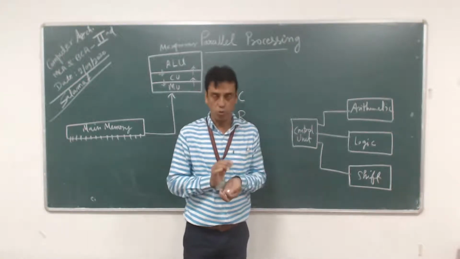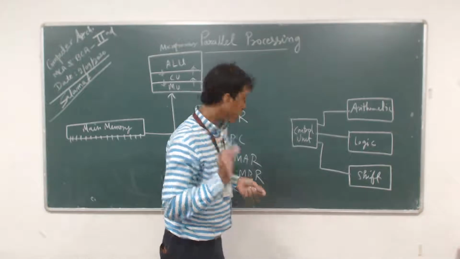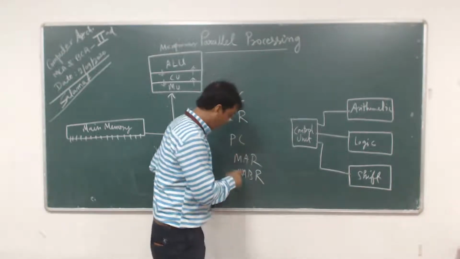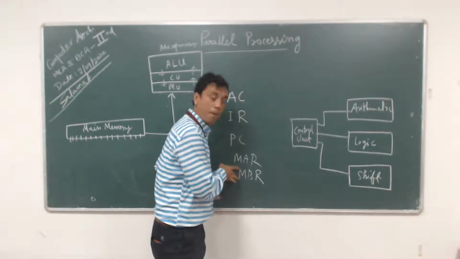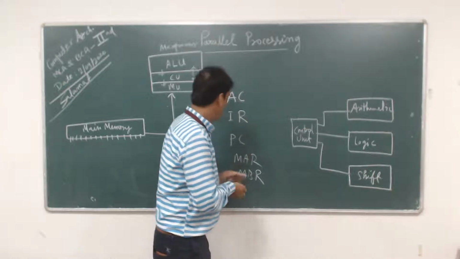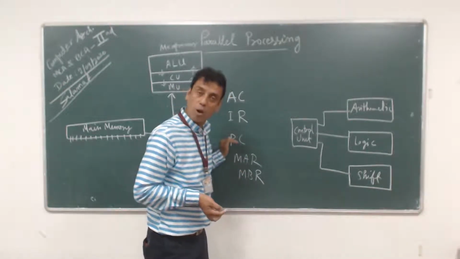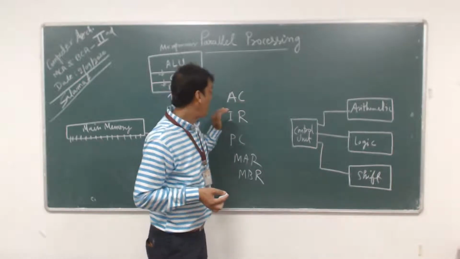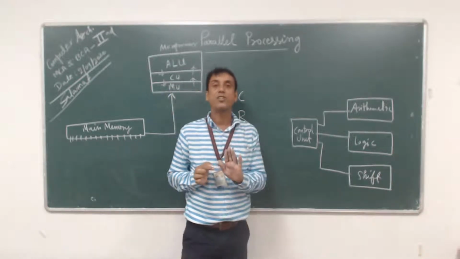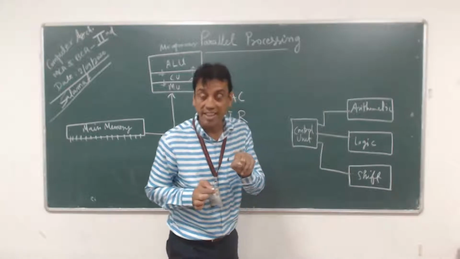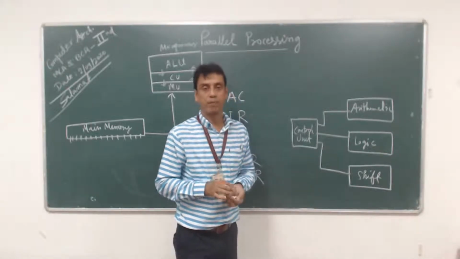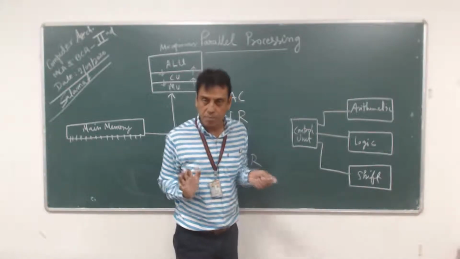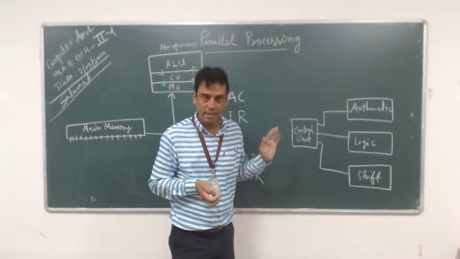Now, how does the thing go? One instruction is fetched by the memory address register and memory buffer register, goes to the program counter, and from the program counter it moves to the instruction register. Sitting in the instruction register means that the instruction is getting processed.